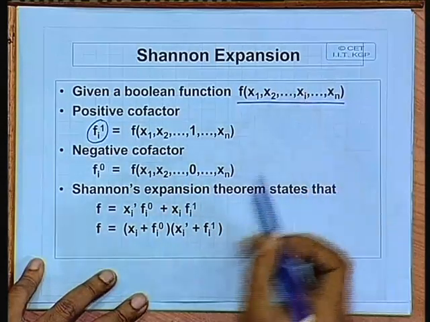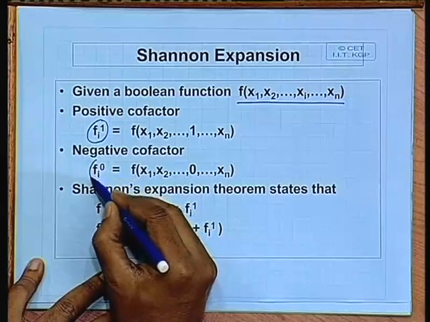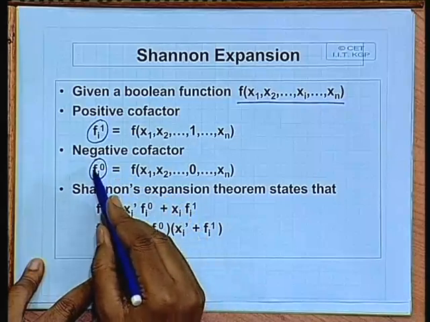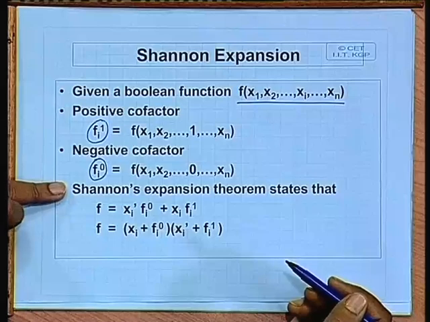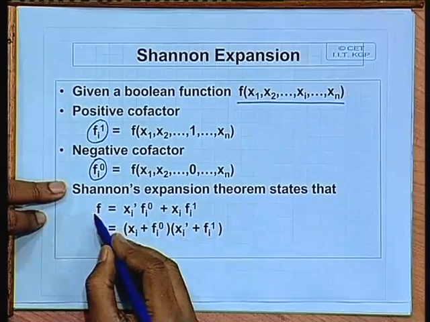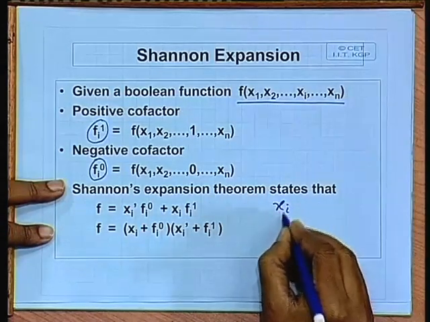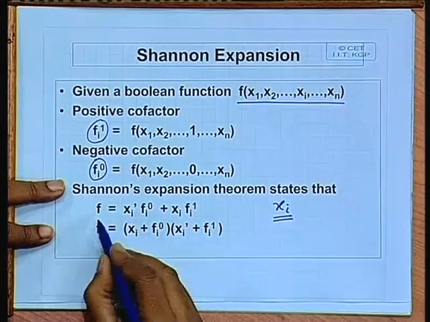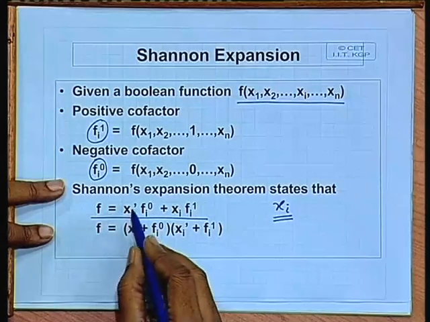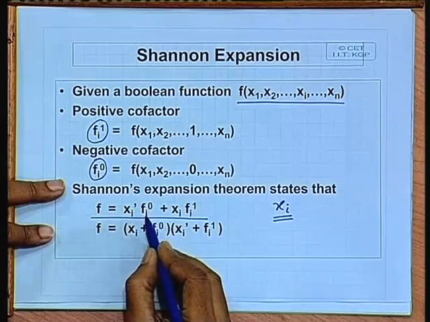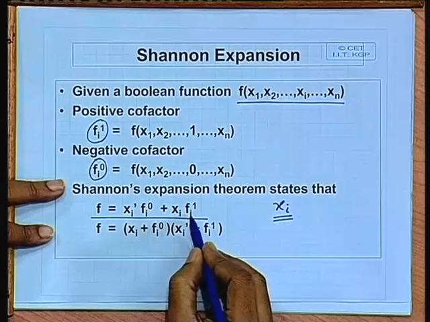Similarly, if the ith variable is replaced by a constant 0, then we call it the negative cofactor, represented like this, f_i0. Now, according to Shannon's expansion theorem, a function f, when expanded with respect to an input variable xi, can be written like this: f equals xi prime times the negative cofactor with respect to i, or xi times the positive cofactor with respect to i.